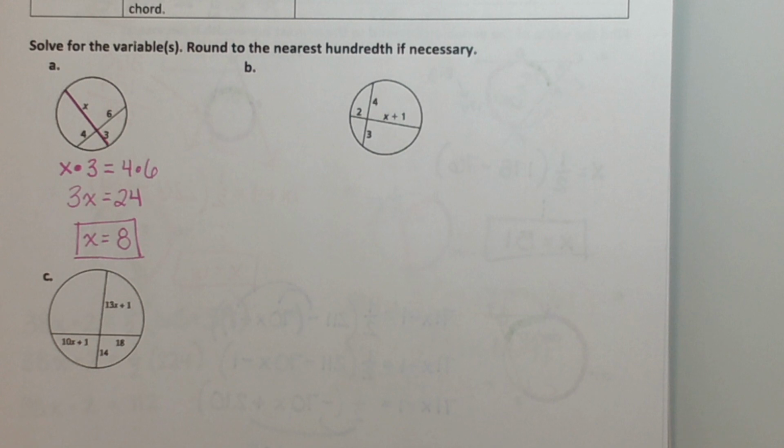Is all it wanted was for me to solve for the variable? Yep. Also round to the nearest hundredth. Yes, it also says round to the nearest hundredth if necessary. Thank you for all that. You're welcome. Clara can help.